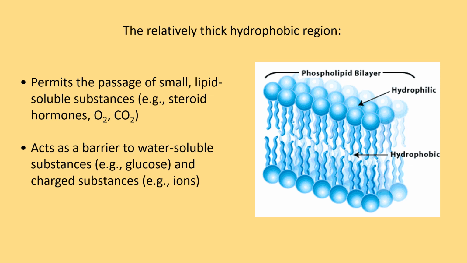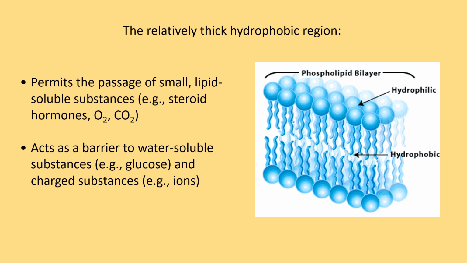So that thick hydrophobic region in the middle of a phospholipid bilayer, that actually is a barrier. It's very difficult for a water-soluble substance to cross the plasma membrane. There's this fatty layer in the middle, and you remember, in general, fatty things are hydrophobic, and like dissolves like. So a substance that is hydrophilic, because it's either ionic or it has polar covalent bonds, is not easily soluble in something that's hydrophobic.